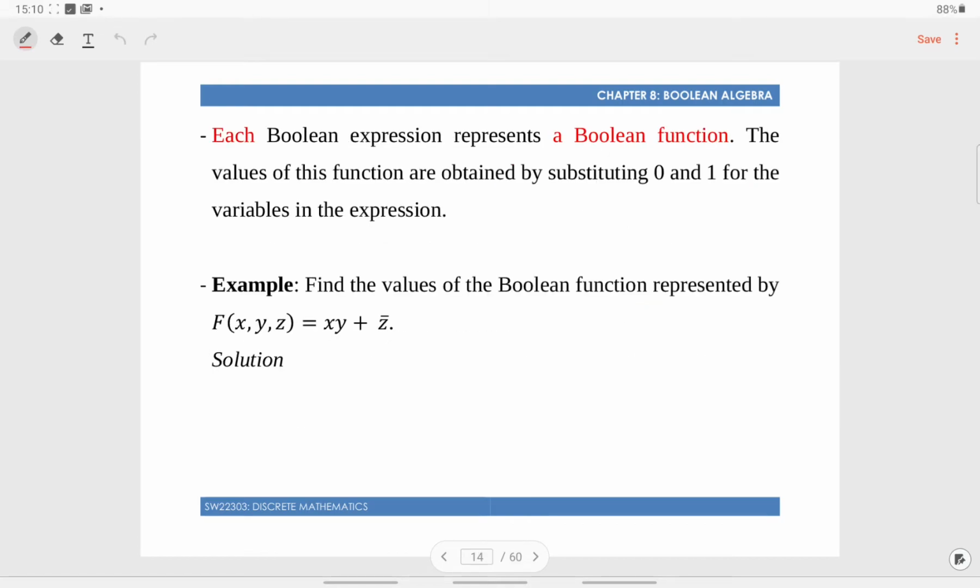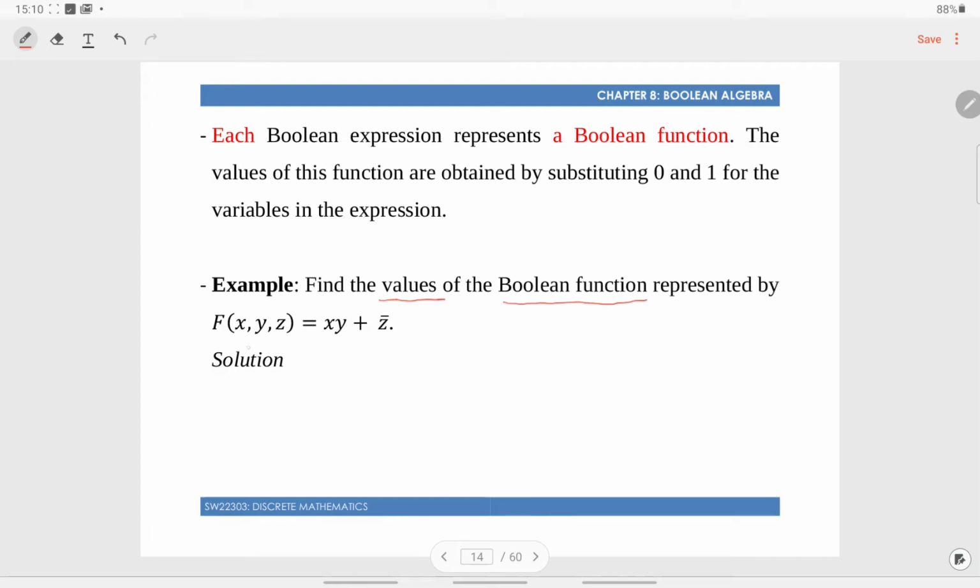Each Boolean expression represents a Boolean function. The values of this function are obtained by substituting 0 and 1 for the variables in the expression. So let's consider this example. Our task is to find the values of the Boolean function represented by the following expression.